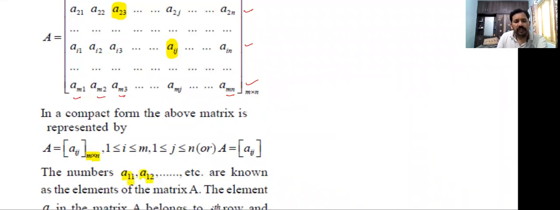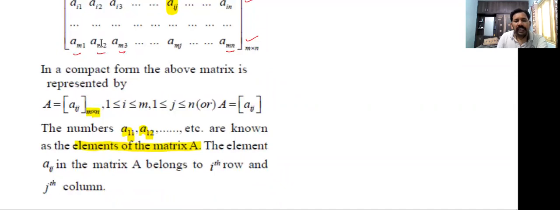A11, A12, and so on are known as elements of the matrix A. The element Aij in the matrix A belongs to the ith row and jth column.